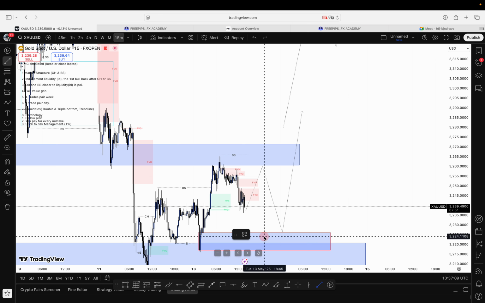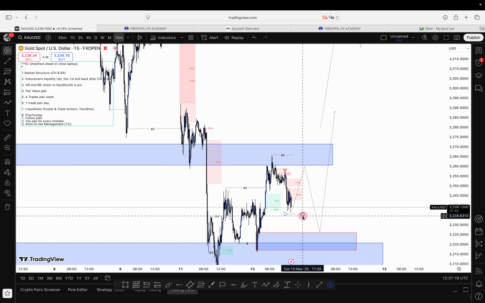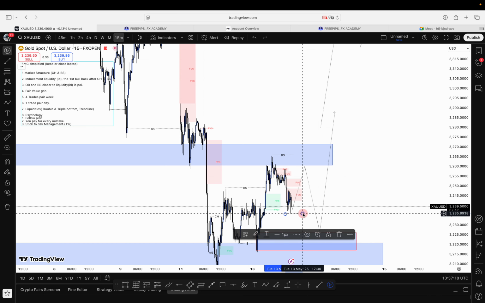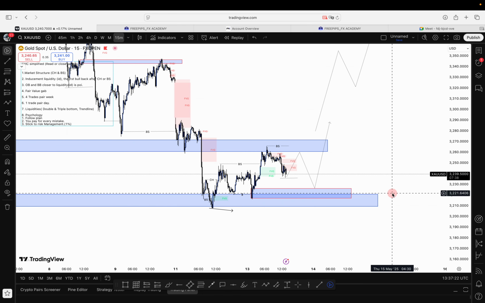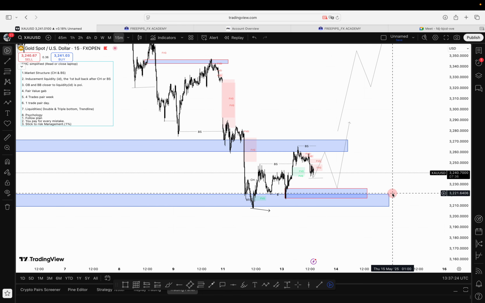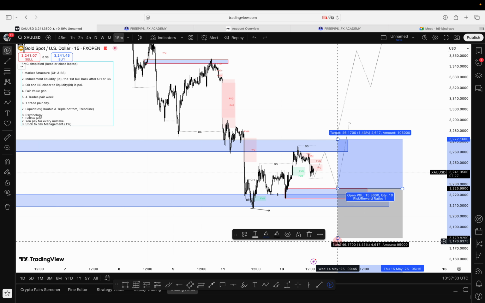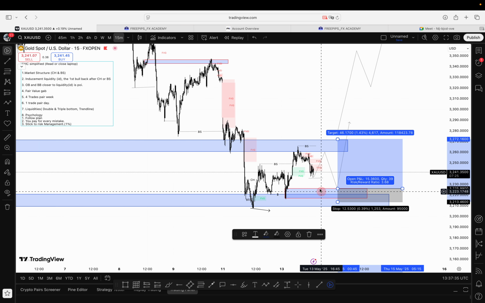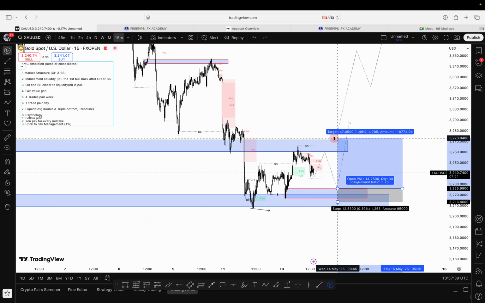Because for me, if I'm unable to identify my inducement, I'm not taking any trade. An inducement will always happen before price will go to wherever it wants to go. So if I will take a gold buy, these will be my conditions. If not, I'm not taking any trade. Then maybe target this high.